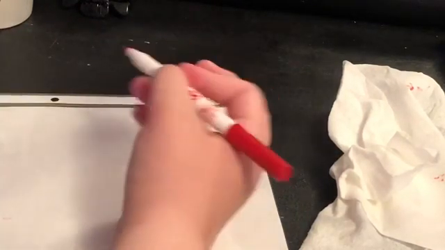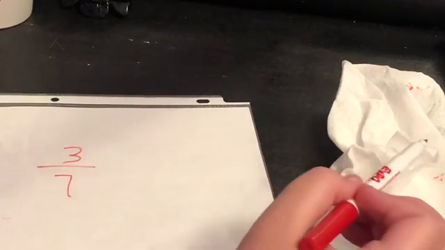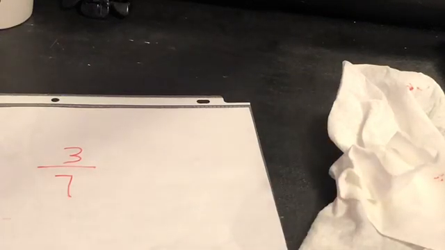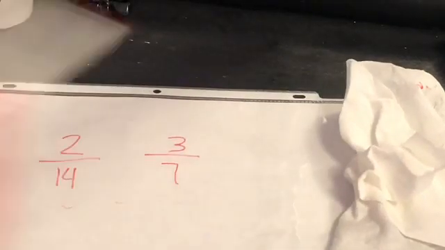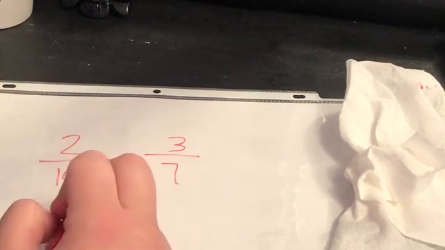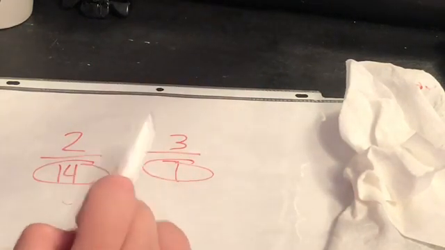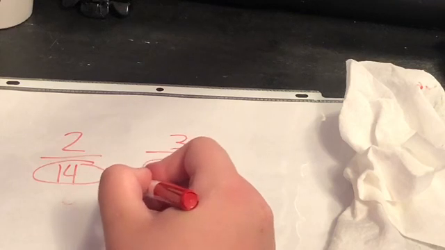Alright. What if I gave you this? 2/14 and then 3/7. And I want to ask you, is that equivalent? What are we going to do? Well, let's look at our denominators. In order to go from 14 to 7, we know that we're dividing.